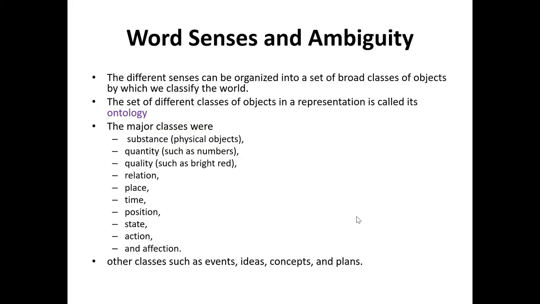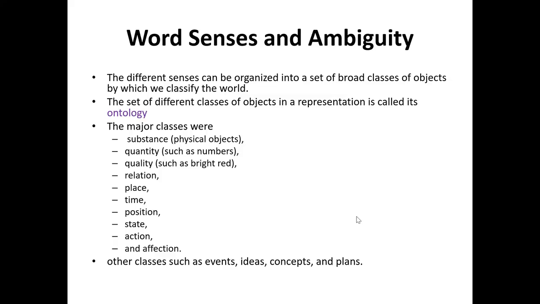Now, for example, the classes could be substance, that is like physical objects, quantity, that is like numbers, quality, that is bright, red, what kind of quality, even relation, place, time, position, state, action, affection. So these are the various classes in which we can classify the word senses, and we can establish the ontology among the word and its different senses or classes.